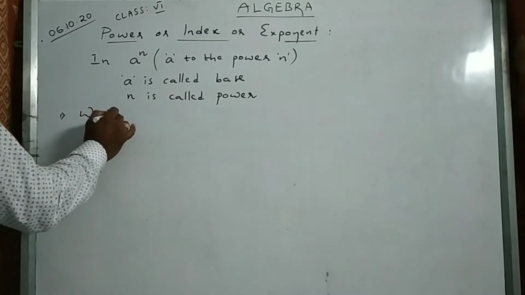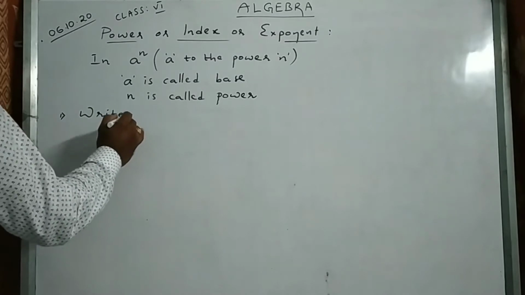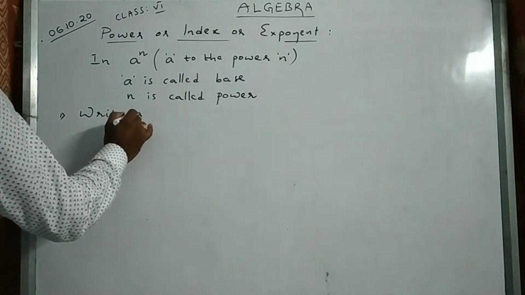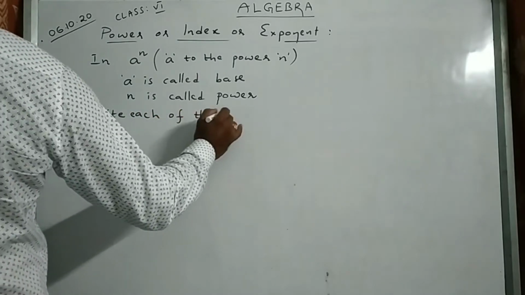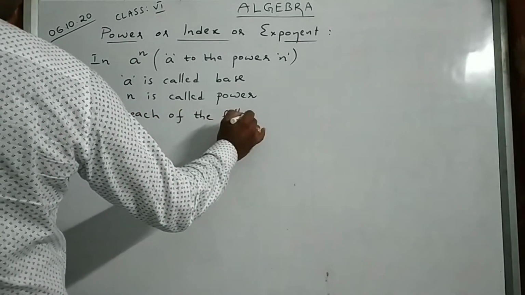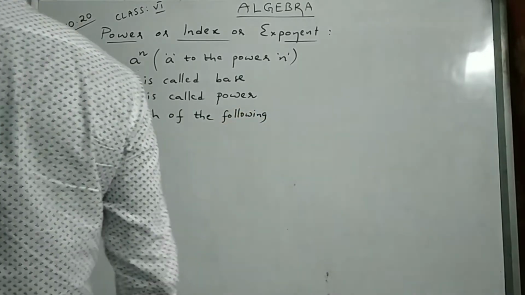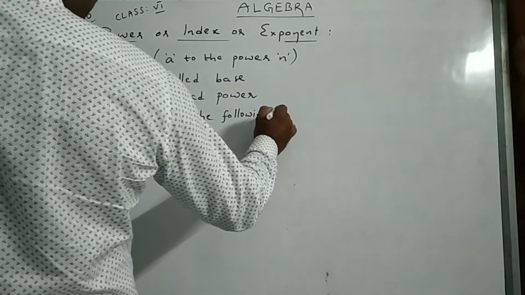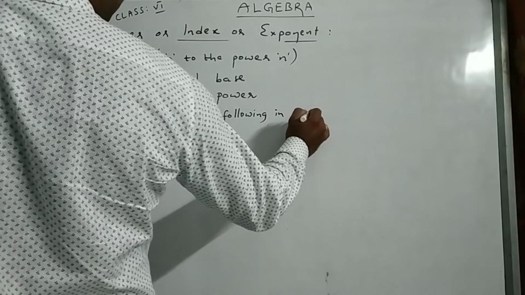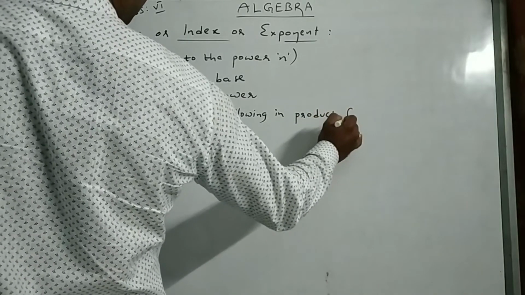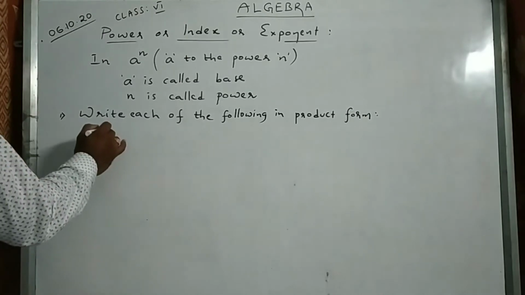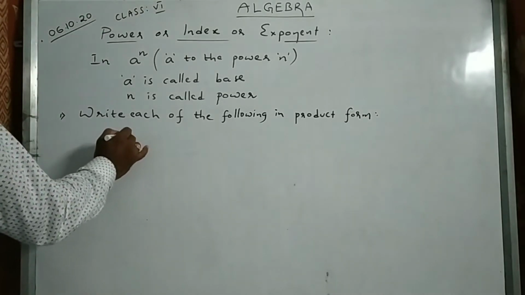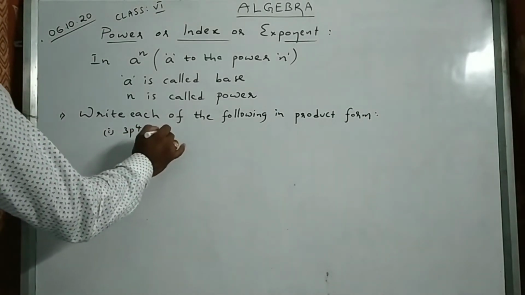So for example, write each of the following in product form. First one is 3p to the power 4.